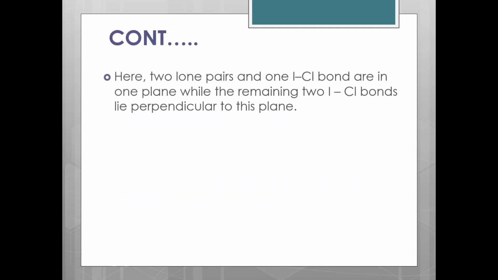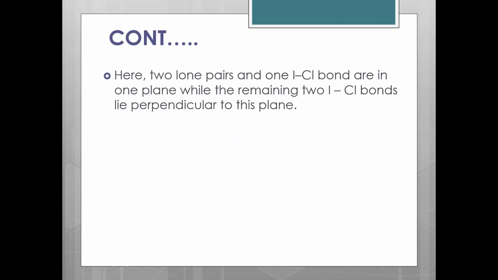So what we are telling here is that two lone pairs and one I-Cl bond are in one plane, while the remaining two I-Cl bonds are perpendicular to this plane.